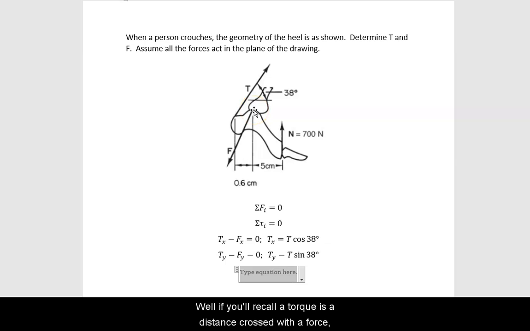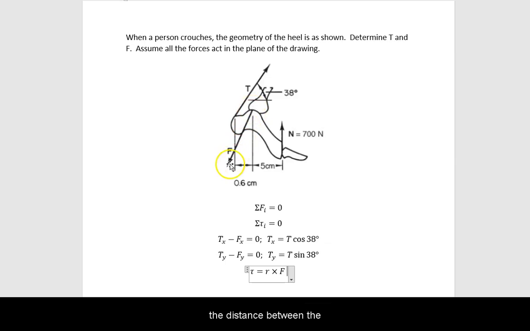Well, if you recall, a torque is a distance crossed with a force. If we pick this point as our pivot point, the distance to the force F of the tibia on the foot is zero, and so the torque due to that goes away.